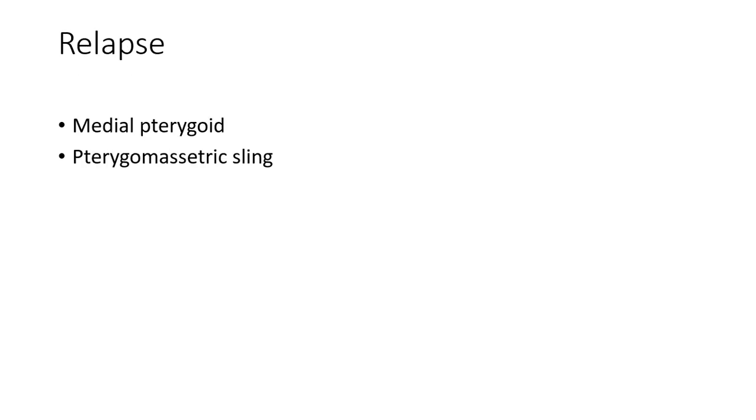And to prevent the relapse, 2 muscles are the cause of the relapse: the medial pterygoid and the pterygomasseteric sling. If it is bulky, it is responsible for relapse. If assessed before surgery, myotomies are done, and fibers should be cut, slings should be cut to prevent the relapse. And thank you very much. That is the end of presentation.